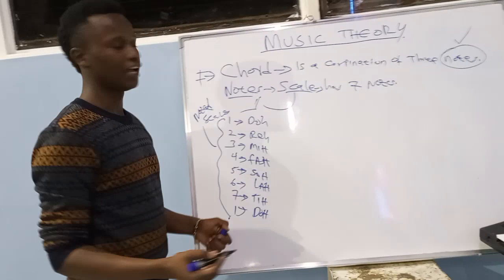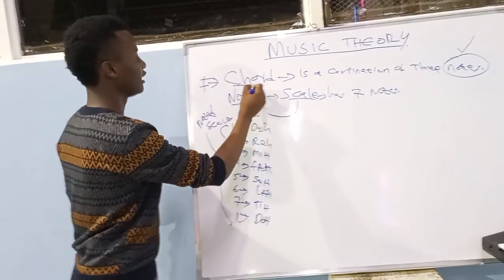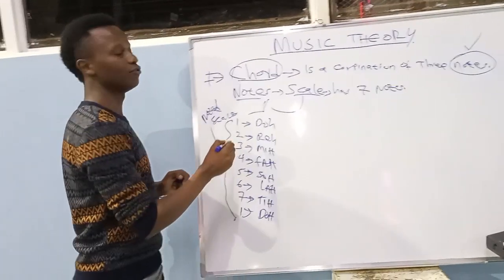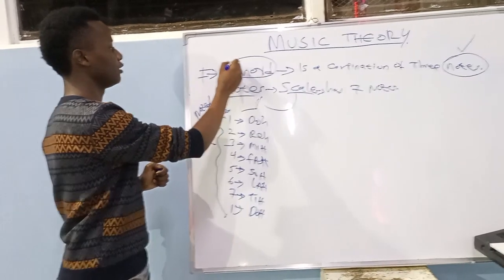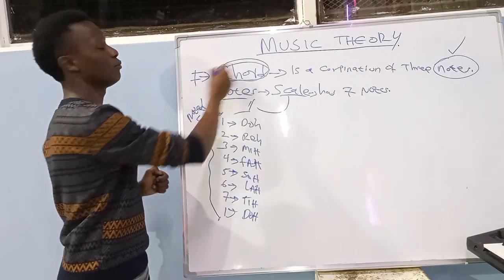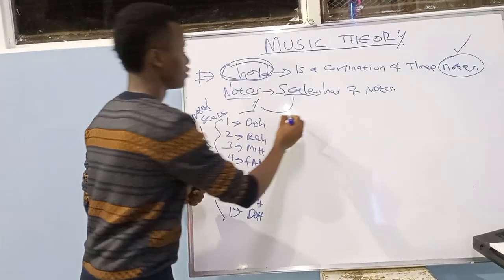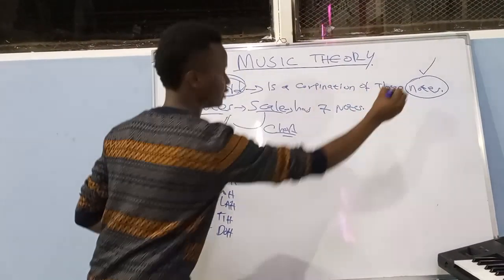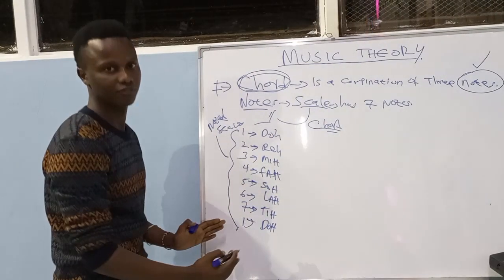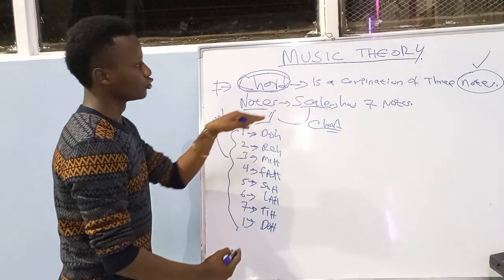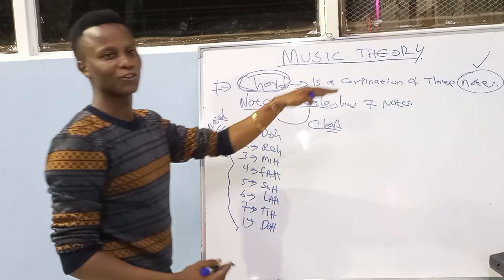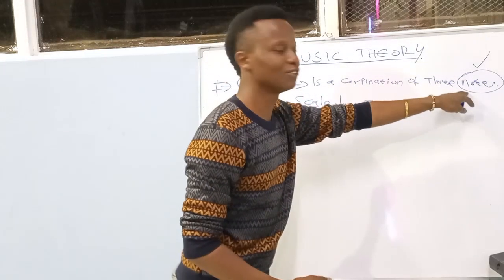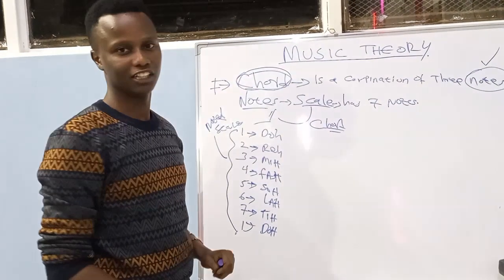Then from notes, as I told you, we are concentrating on chords, and we are continuing to know where the chord comes from. A chord, we have said, is made up of three notes, and we have known the notes that we have. Now we are going to identify the three notes which make up a chord.